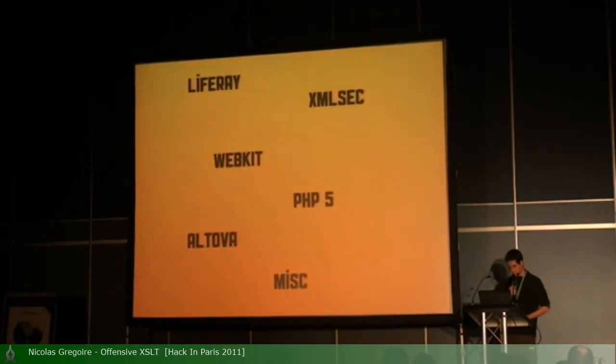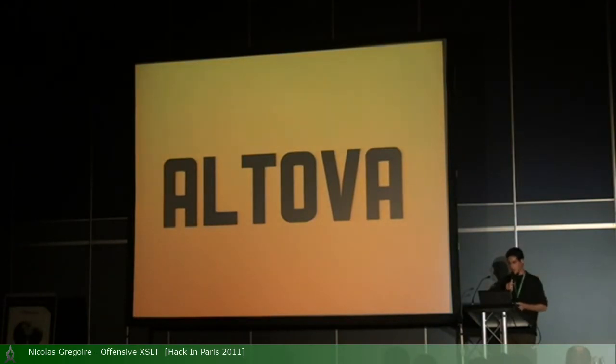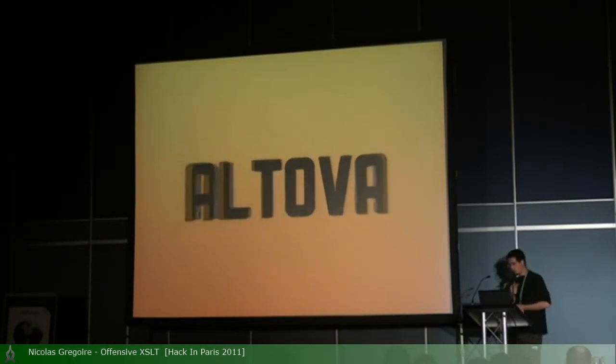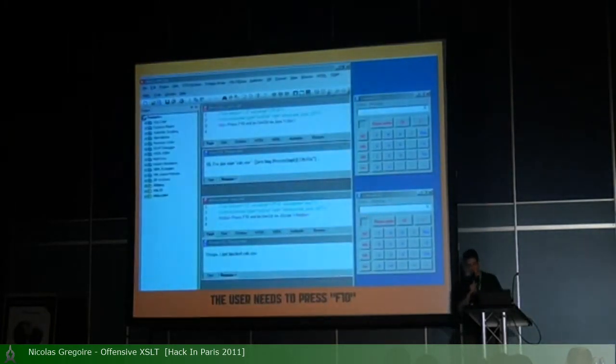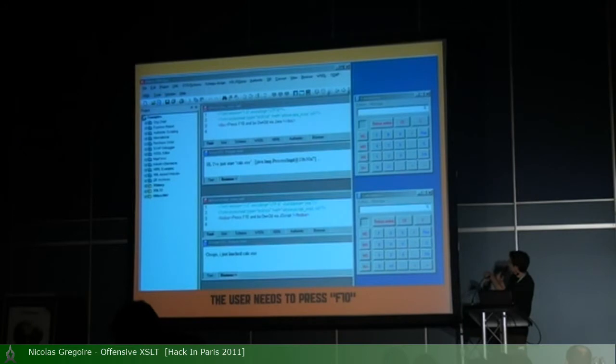Okay, something else. Altova. Altova is a tool which is used to design XML files or web service contracts, WSDL files, for example. It's very feature-rich, and here is a small screenshot where I can execute a calc either from Java or from GScript.